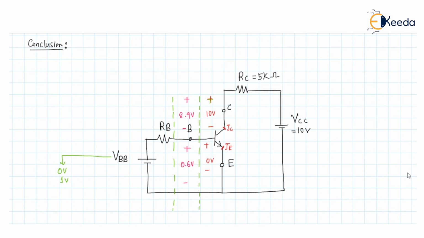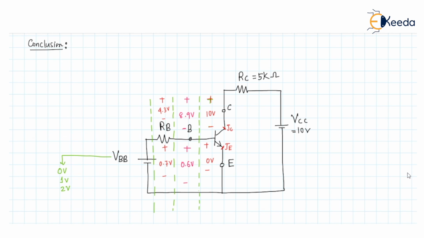That's why the transistor has gone to the active region, and after 1 volt, we have given the VBB value as 2 volt. In that case, the VCB value was 4.3 volt and the VBE value was 0.7 volt.